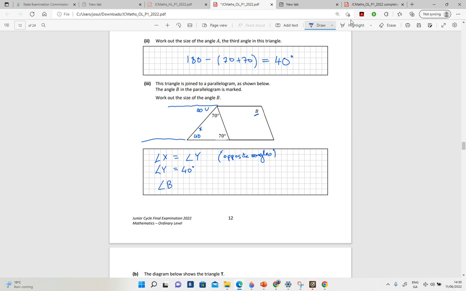Therefore, angle B equals 70 degrees plus angle Y, which happens to be 40 degrees. So your answer is 110 degrees, because this angle here is the same as this one here. All I had to do was work out the missing piece and add 70 to it. Okay, so that's that one.